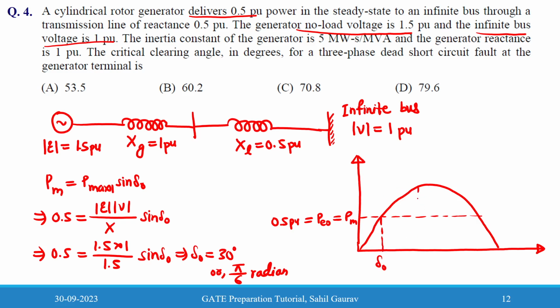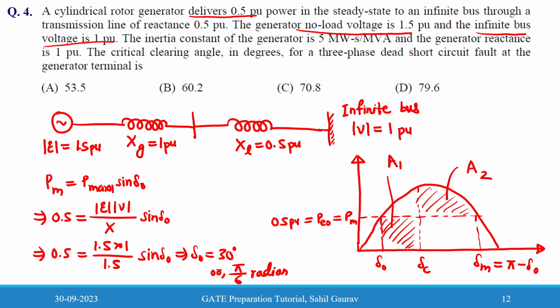So you can say that this is delta c, and this becomes delta m, and delta m equals pi minus delta naught. So this area should be equal to this area, so we can write it as A1 and A2.